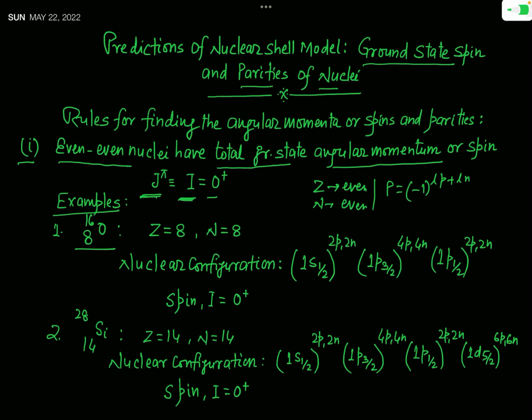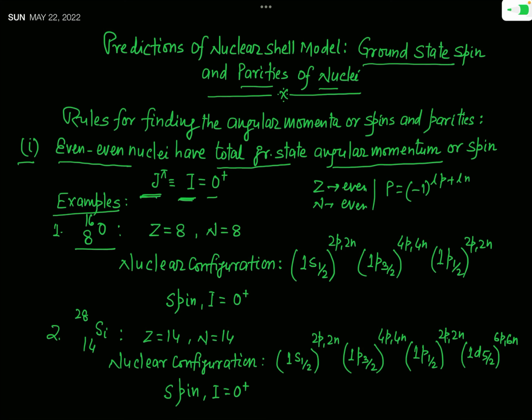So remember, if the nucleus is even, definitely its ground state spin will be 0, because in an even nucleus, all the shells are completely filled, so all the shells are closed, and hence the sum of the angular momenta of all nucleons is 0.